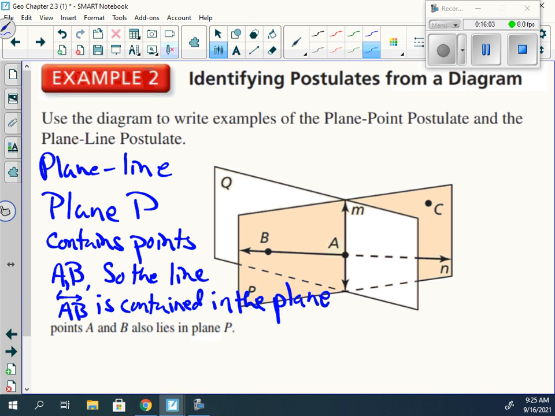But that's it. So with that, we're just giving an example of how we see the postulate in the diagram for both of these. Questions on this here?